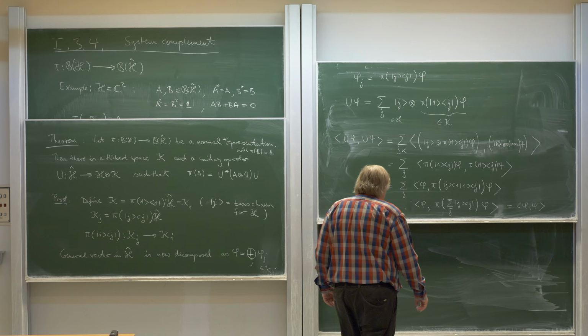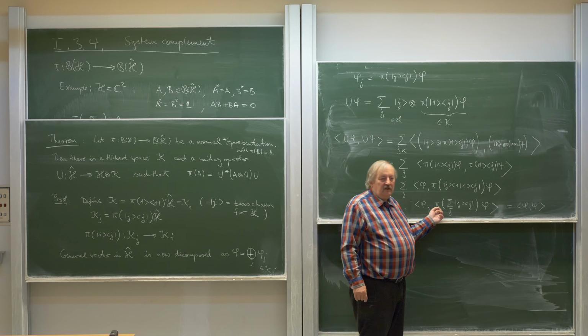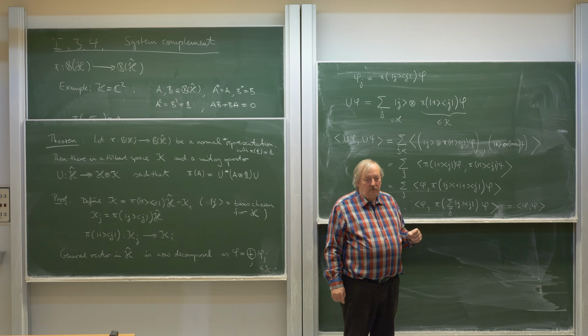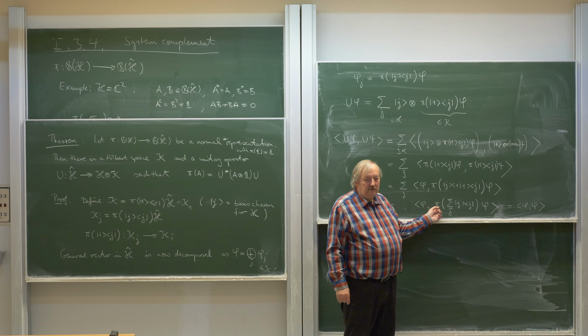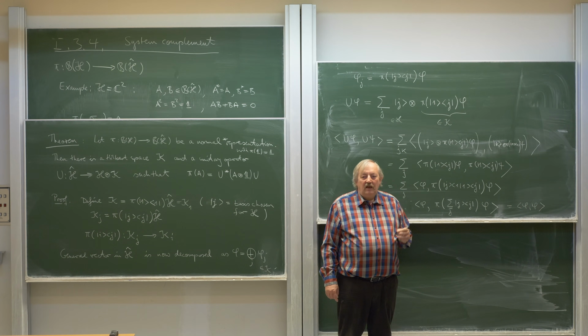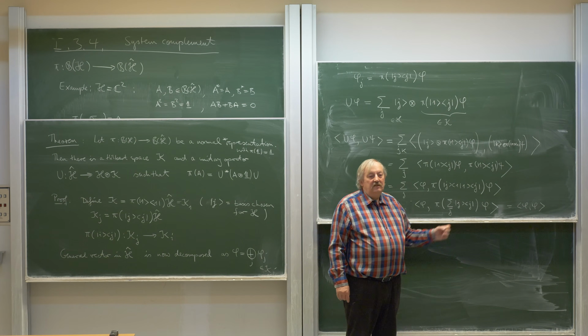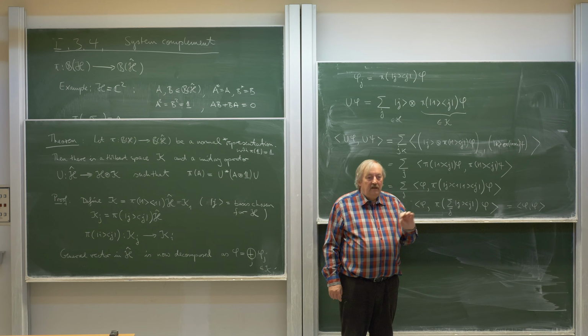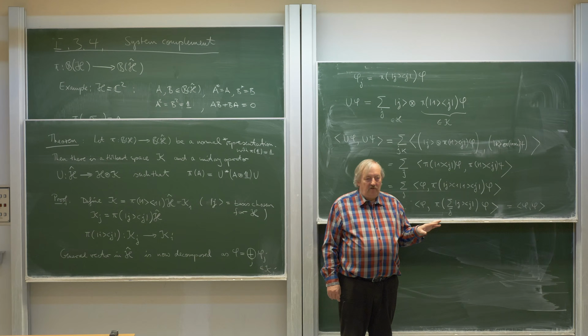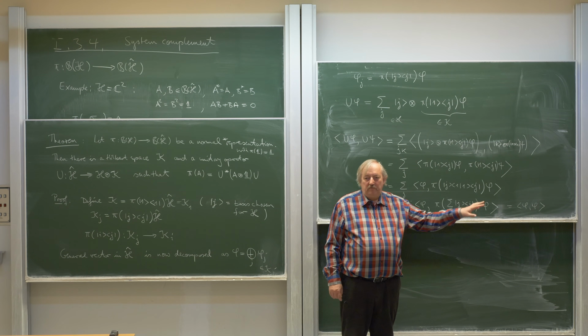Now, there are representations of B of H, of an infinite dimensional one, that are not normal, and that actually have the property, so purely singular representations are defined by the property that the representative of any finite dimensional projection is 0. Compact operators get mapped to 0.